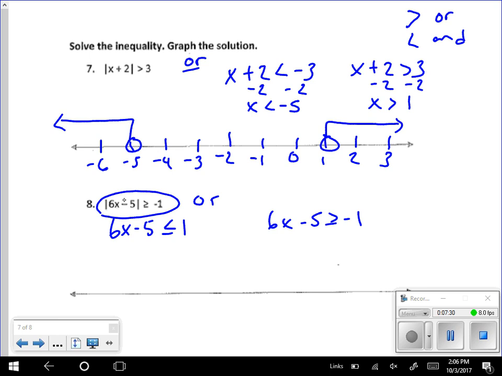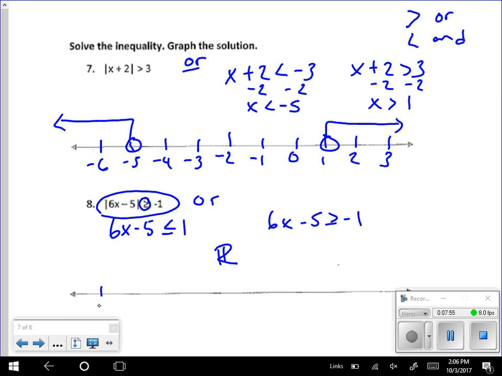If I have an absolute value here, and I'm trying to figure out what numbers inside here can make this greater than or equal to negative 1, I have to think about that. Anything inside an absolute value is the distance from 0. So if something's the distance from 0, is it ever going to be less than negative 1? No, it's always going to be greater than negative 1. So I can just say all real numbers.